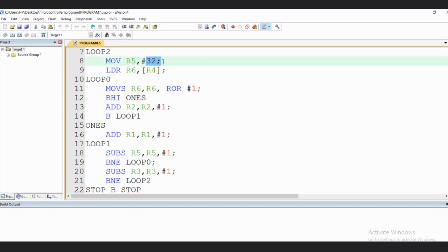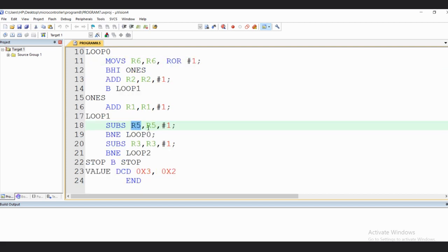We have to rotate 32 times, but after one rotation this has to be decremented. It is decremented and it is checked whether it is equal to 0. If it is equal to 0, then this will not be executed. Here the condition says branch if not equal to loop 0.